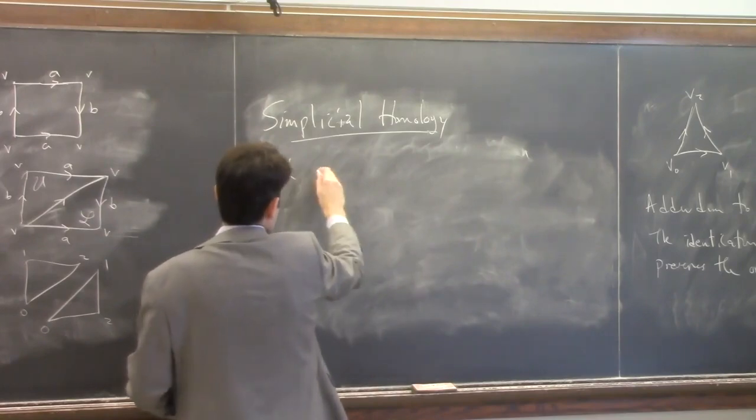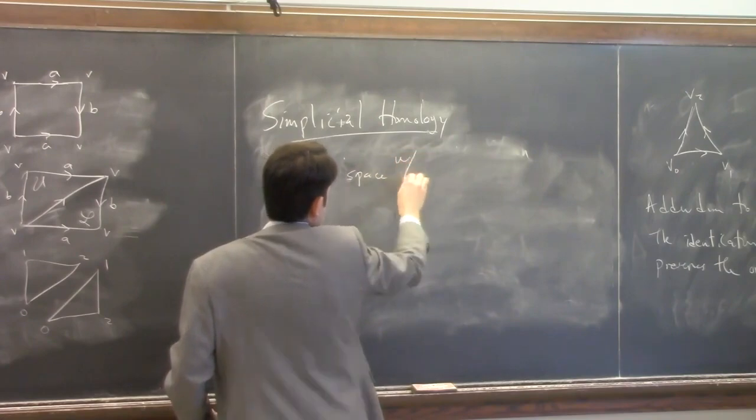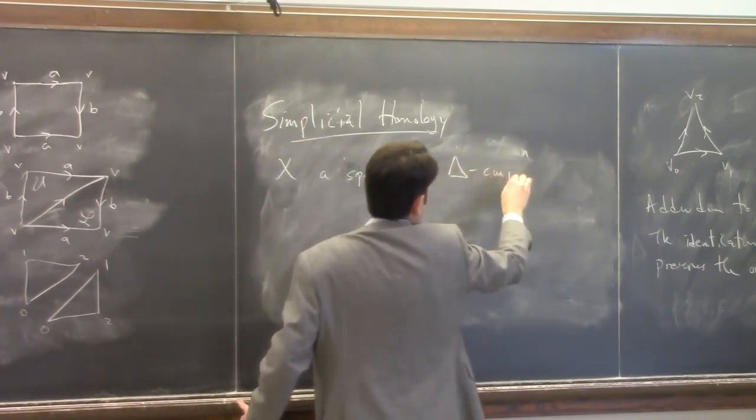So we're going to have X, a space with a delta complex structure.